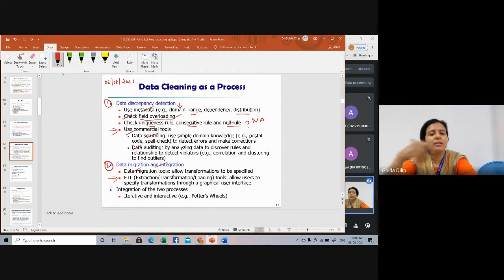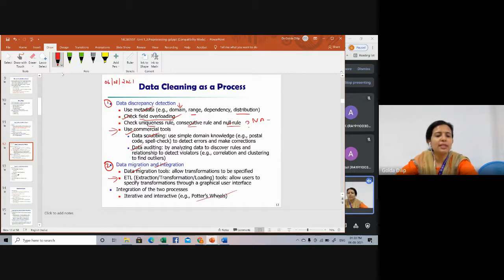Once the transformation is complete, the user can go back and check whether any new anomalies are there, or whether all the mistakes have been corrected. Generally numerous iterations may be required before the user is satisfied. An example tool mentioned is Potter's Wheel.